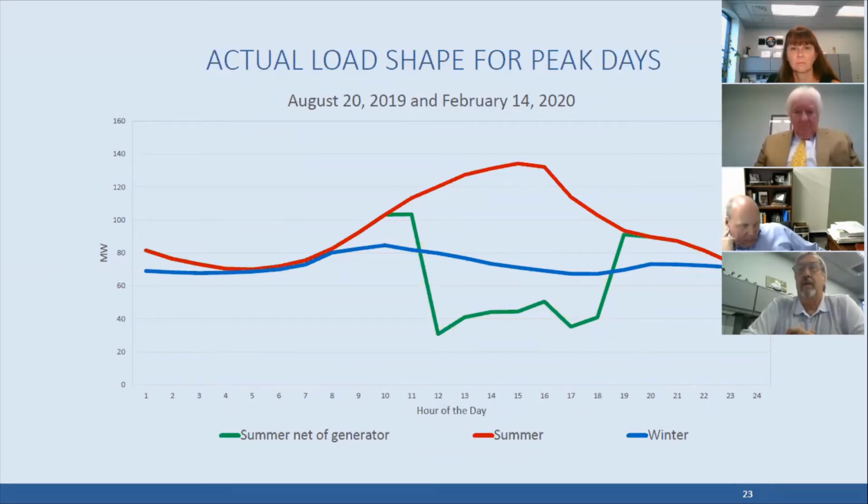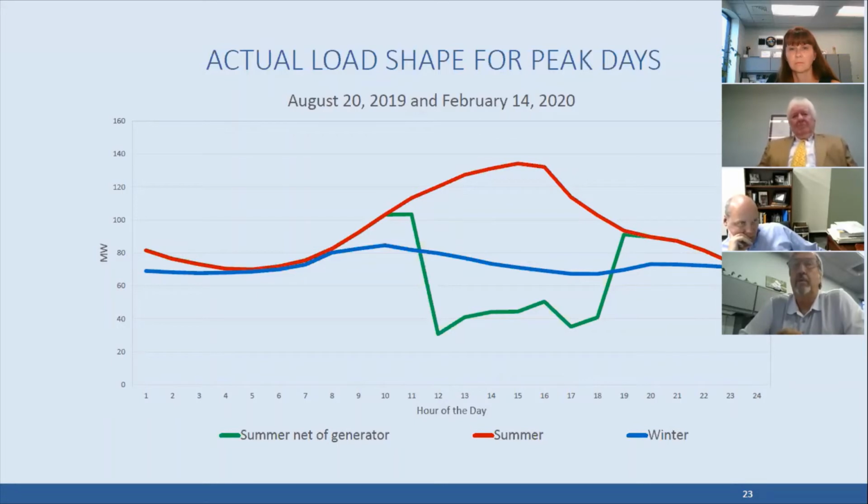The red line is the demand on August 20th, 2019 for each hour of that day. And you can see that it starts out low and then it gets really high in the middle of the day, around hour 15 or 3 p.m. That's when every air conditioner in town is running full blast. And that's what a typical summer peak load shape looks like.